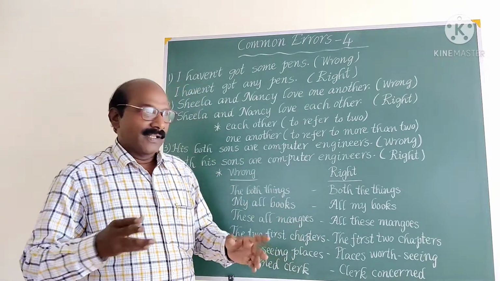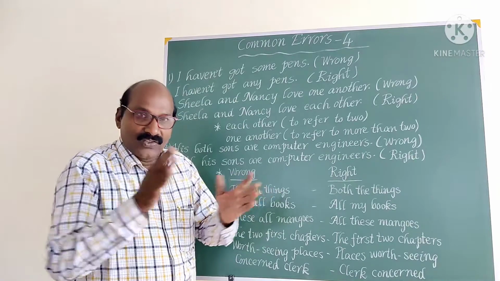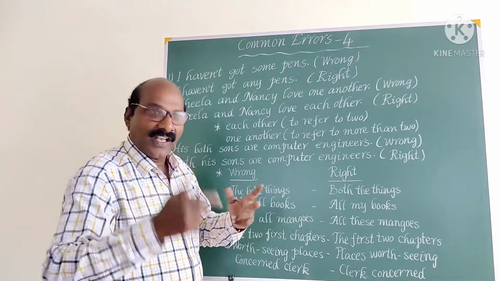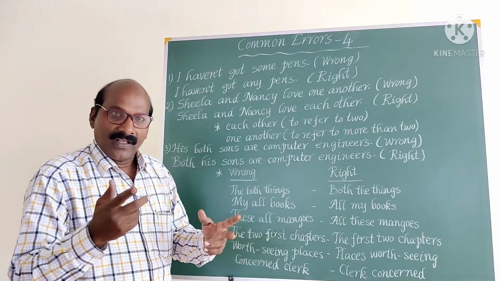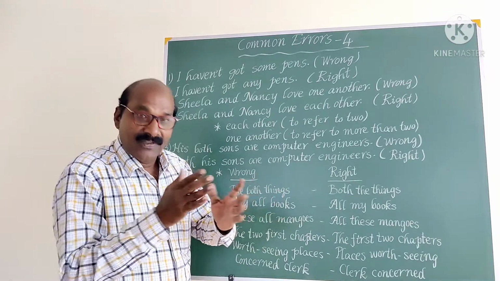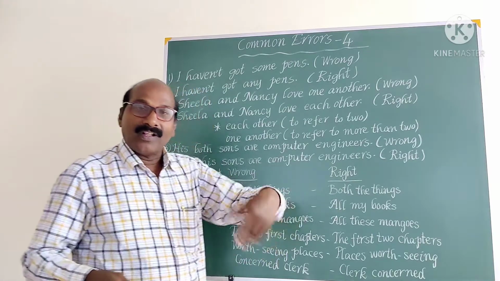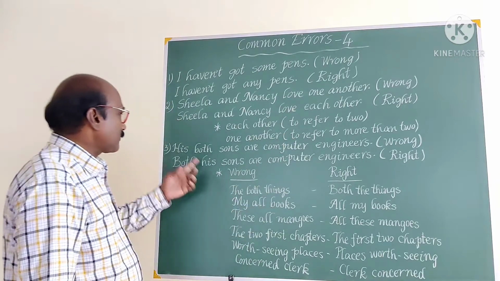We have to say that many passengers are jostling with one another. They are striking against the other one. They are hurriedly going to the bus. Generally, in the crowded bus, most of the people jostle. They jostle with one another. Because more than two persons are involved, you have to use one another.